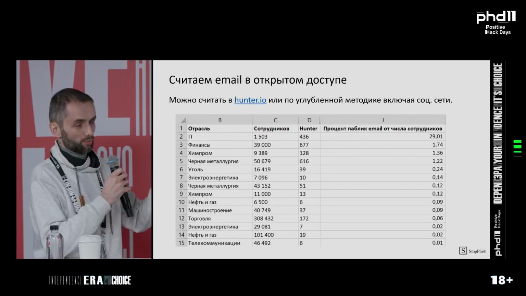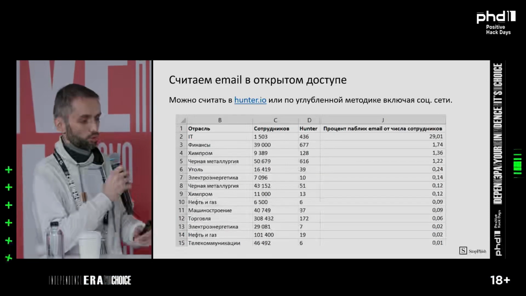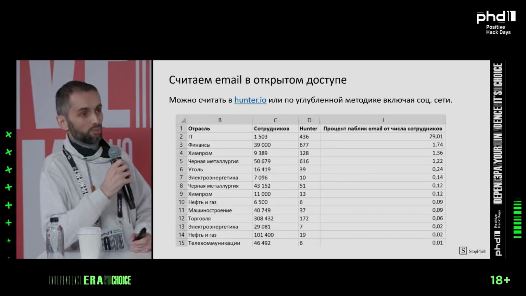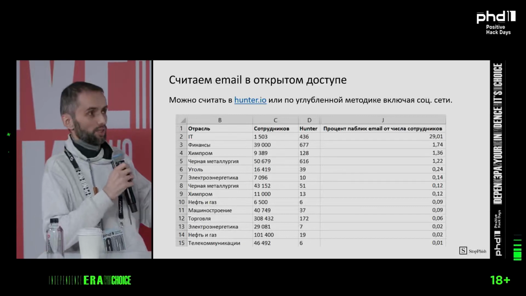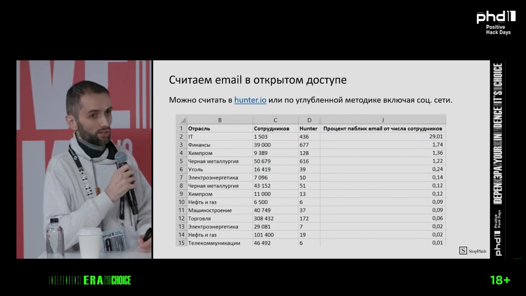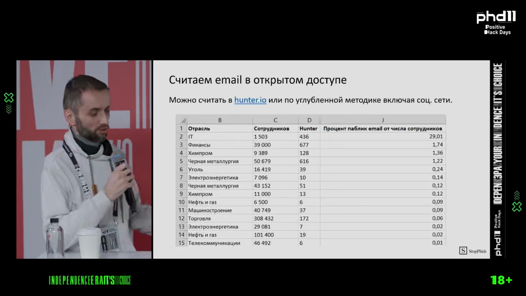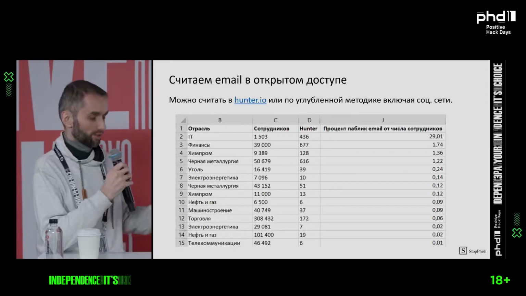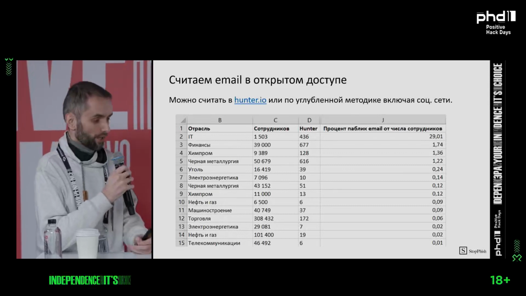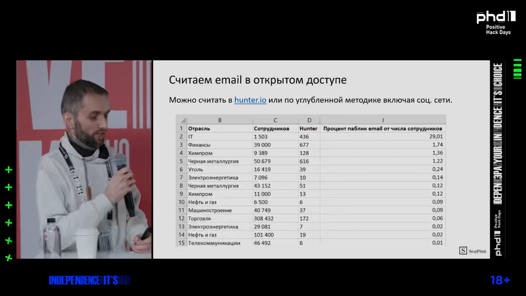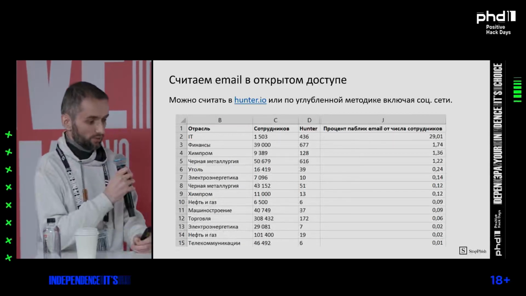Hunter.io can be used to create an email from name, surname, patronym. I can get the employees from the social networks and create some amount of emails to broaden the number of emails. But let's start with Hunter.io.